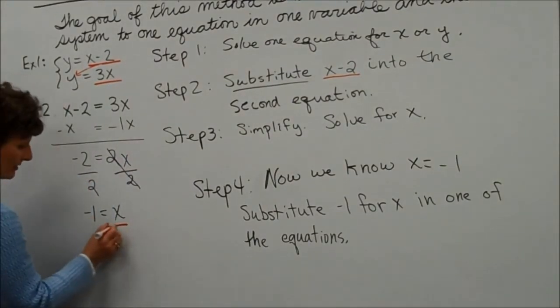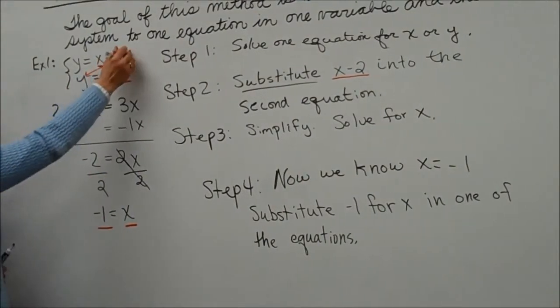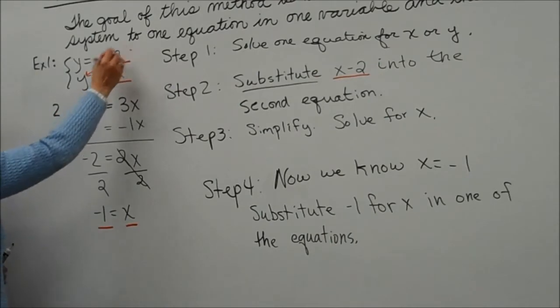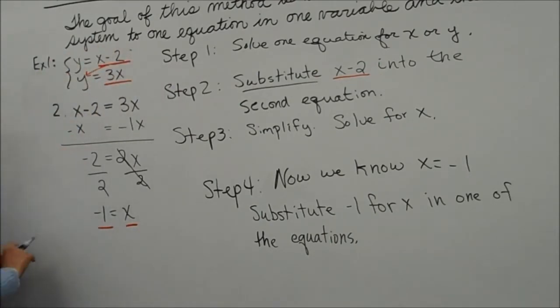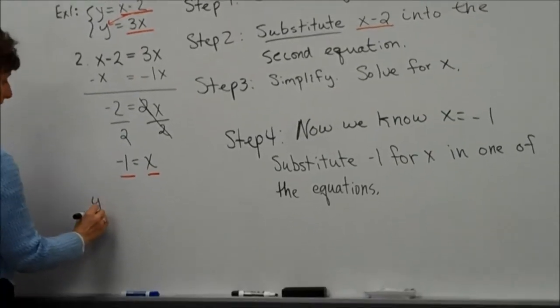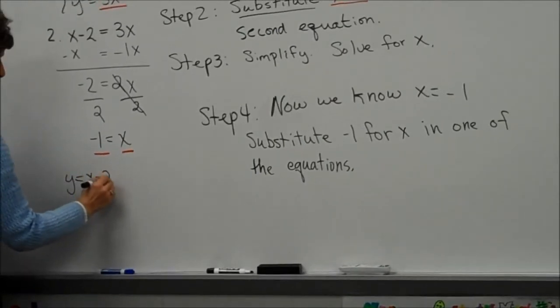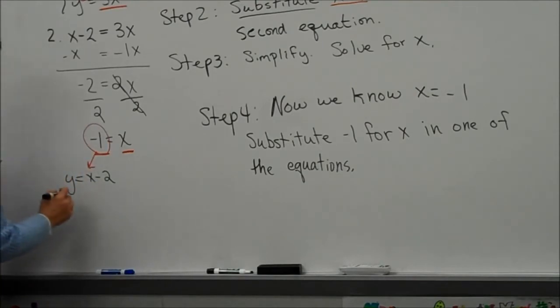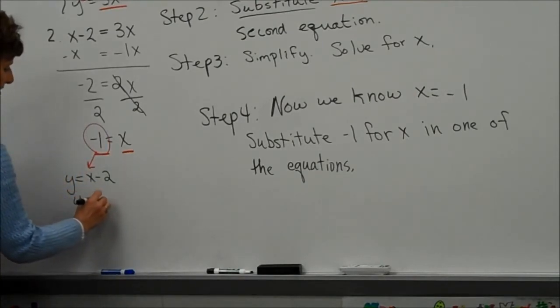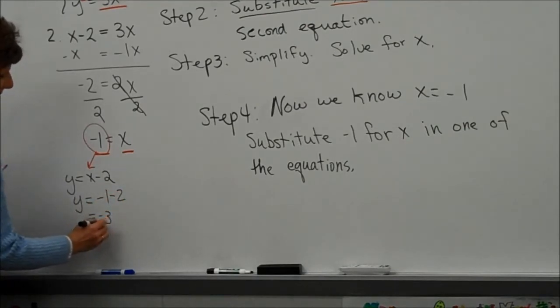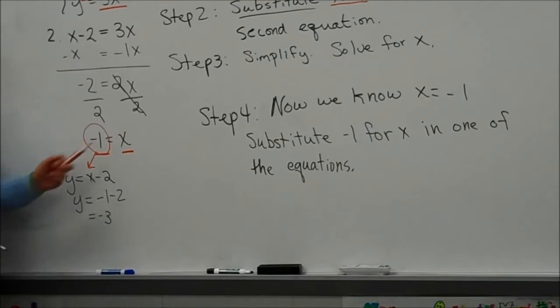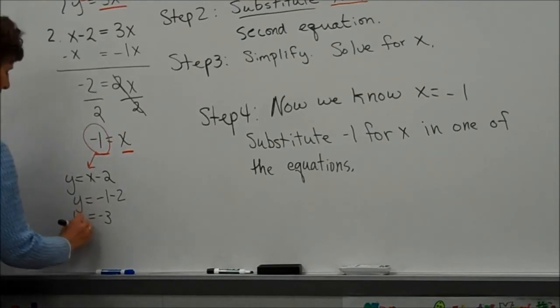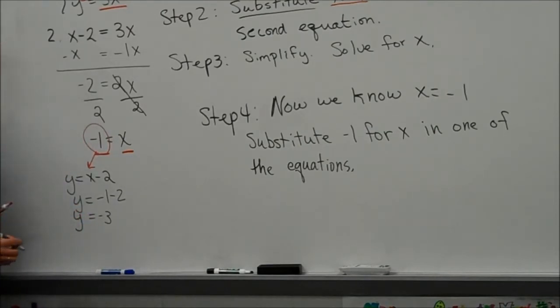Here are our two original equations. Let's pick the first one. Y equals x minus 2. But now we know we can put our negative 1 in for x. And that gives us y equals negative 1 minus 2, which equals negative 3. Now we know x equals negative 1 and y equals negative 3.